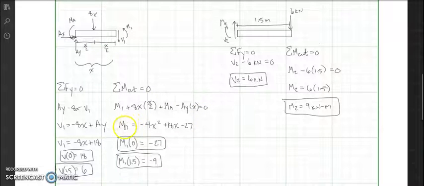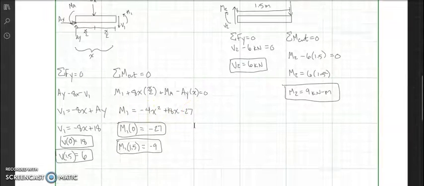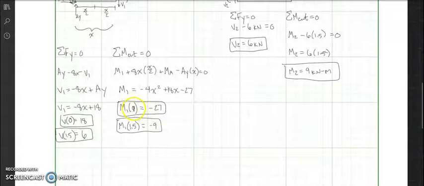This will solve for M1 to be negative 4x squared plus 18x minus 27. If I plug 0 in for my x, M1 will equal negative 27. And if I plug 1.5 in for my x, M1 will equal negative 9.